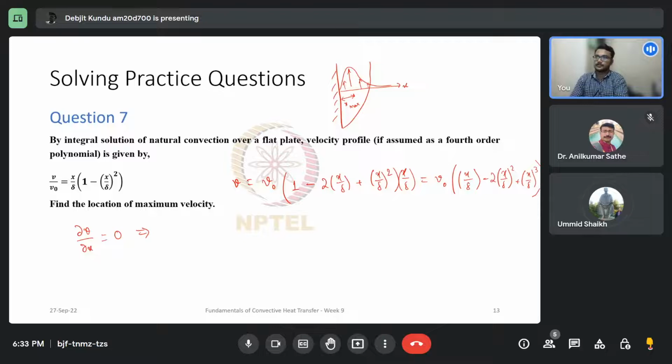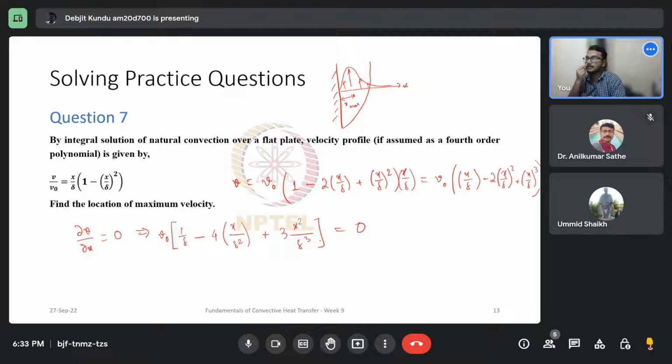Correct. So now if I differentiate this with respect to x, leaving v naught outside, this becomes 1 over delta minus 4 x by delta squared, and over here this becomes 3x squared by delta cubed, and this has to be put to 0.